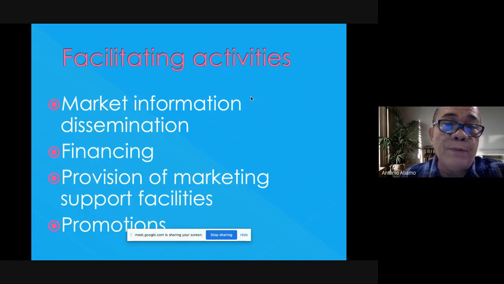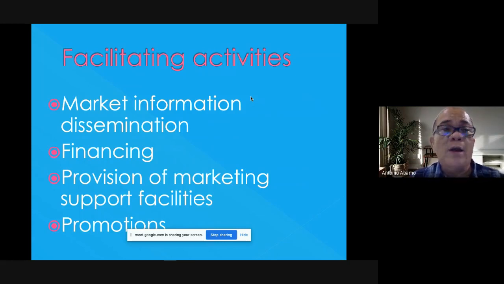Now, some of these facilitating marketing activities might not be income generating, and some of these can also be income generating. But those that are public or non-income generating cannot be privatized. These are done by the government. Like government can do market information dissemination, so that there's going to be a level playing field in marketing transactions.